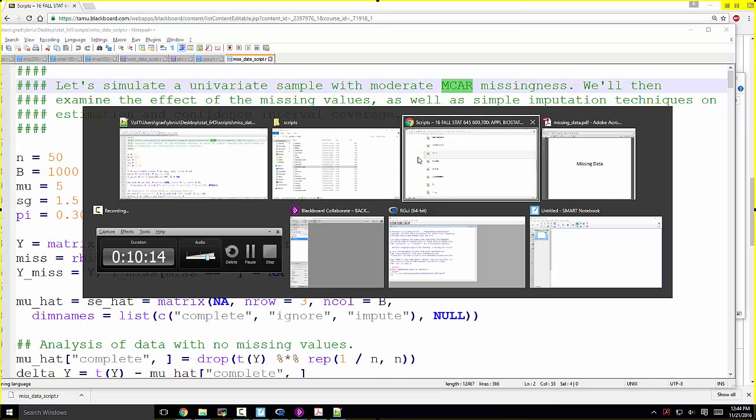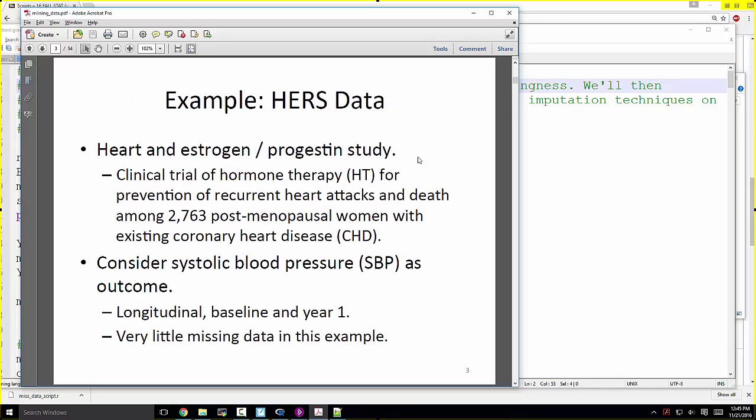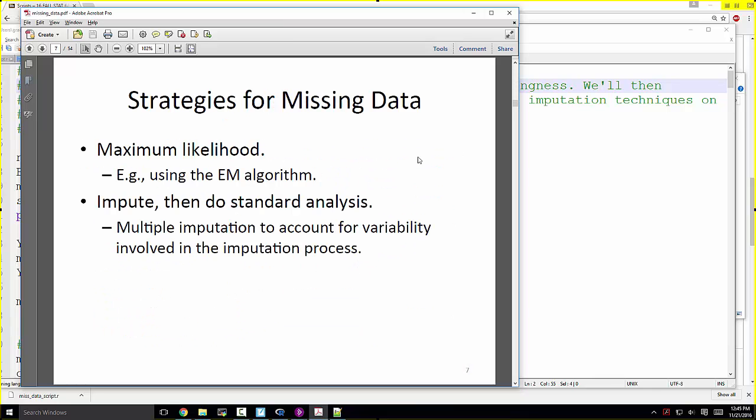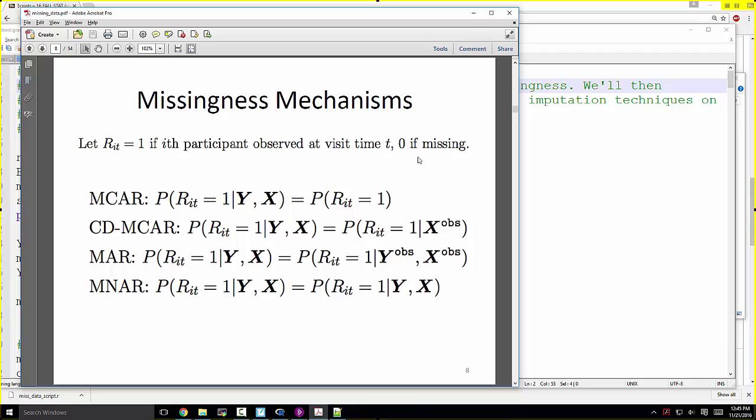Let me go ahead and go to our slides again real quick and remind us about this. So these are the different mechanisms that we'll consider. The first, third, and fourth are the most widely cited and referred to. The second one is kind of a nuanced case.